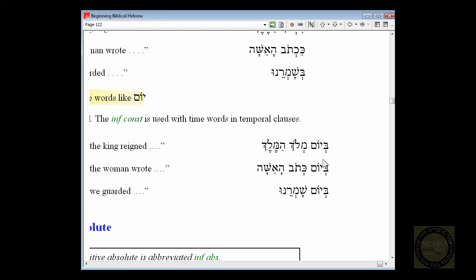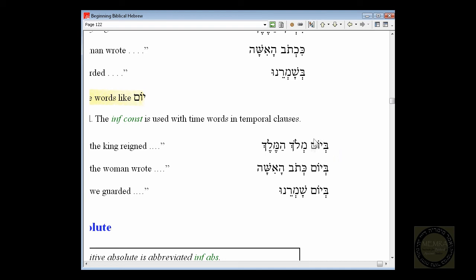Well, it doesn't really make much sense. You should remember, look at this. We have be yom. If we had just this be attached to the infinitive construct, you'd translate it when, if it was prefixed like that. So that might help you, again, just for a mental way to memorize these things, or a way to remember them.